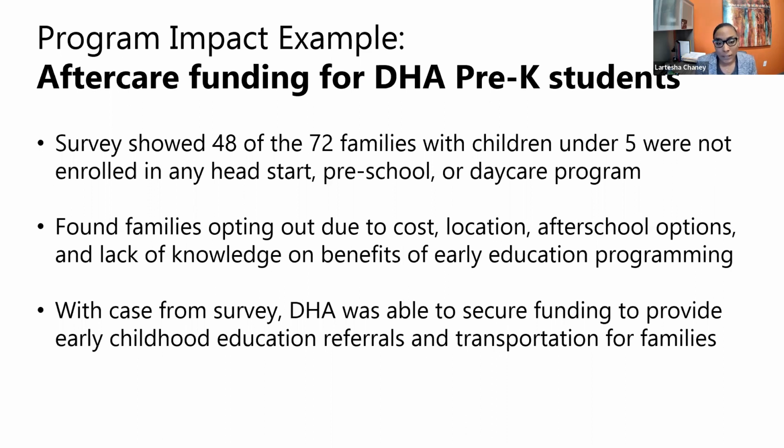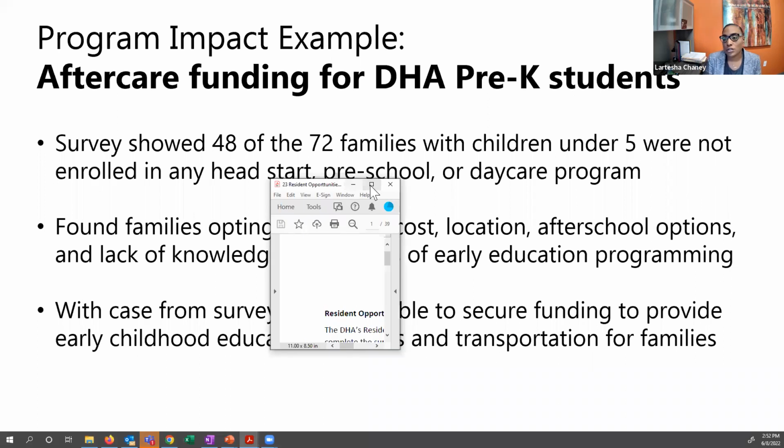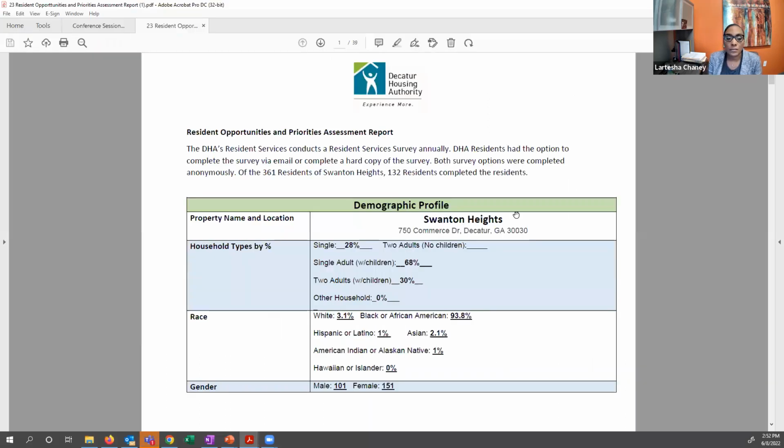So surveys are really important and impactful if you get the right data, if you're also taking into consideration what are the strategic plans of your stakeholders and your partners, and also sharing your story. And so CORE helped us be able to do that.